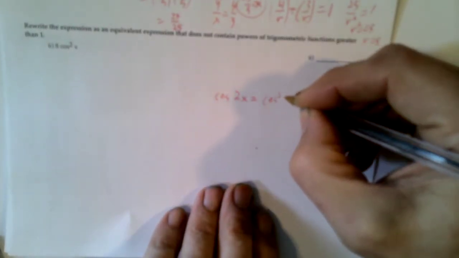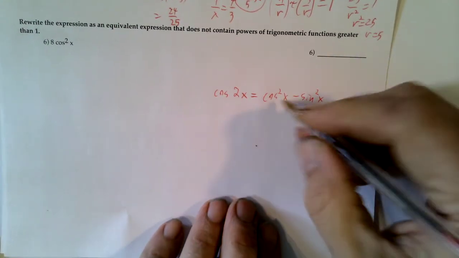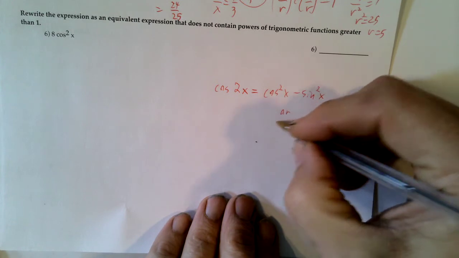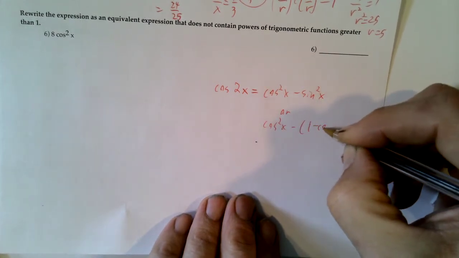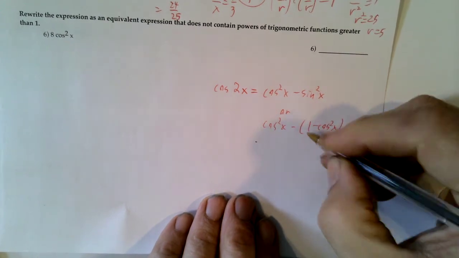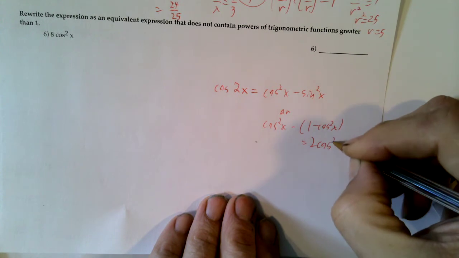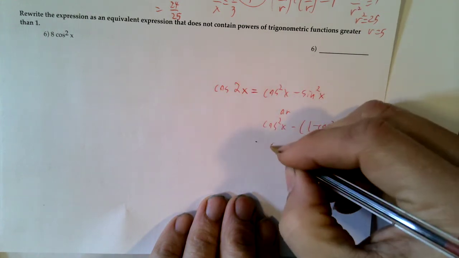It looks like cosine squared x minus sine squared x, which is a little weird looking. But you can write this a couple of different ways. If you put everything in terms of cosine instead, you get 2 cosine squared x minus 1 equals cosine 2x.